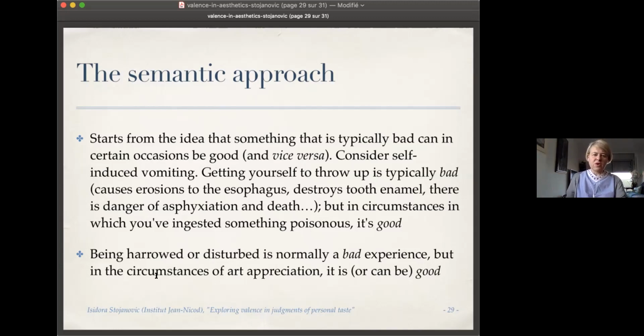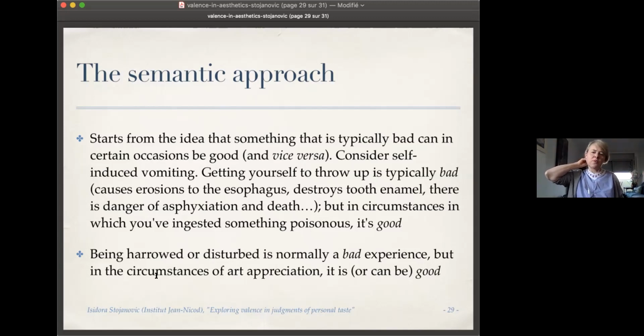So to see how this works, I'm inviting you to consider a case of something much more practical. So consider this case of self-induced vomiting.